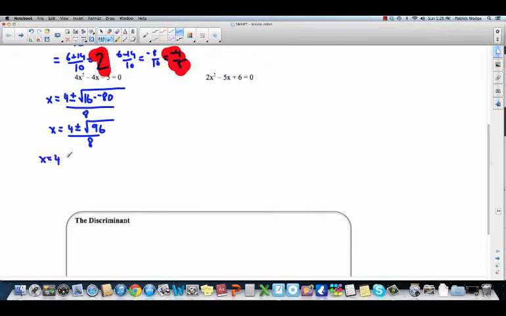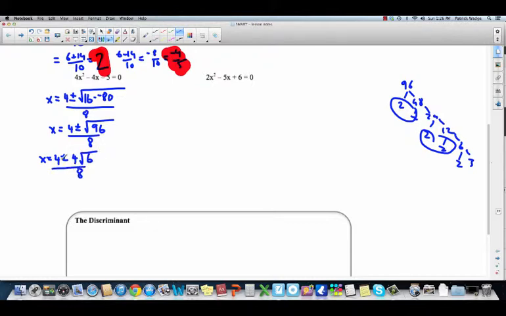I'll do this over here. 96 is 2 times 48 and 2 times 24 and 2 times 12 and 2 times 6 and 2 times 3. So there's a pair and there's a pair. So 2 times 2 is 4 root 6. I hope that makes sense. Divided by 8, and then you can divide all three of those numbers, the 4, the 4, and the 8, by 4. So you end up with x equals 1 plus or minus root 6 divided by 2. That's our answer in this case.